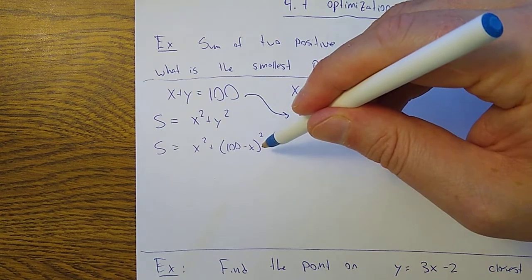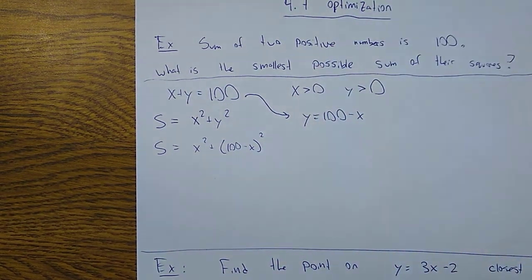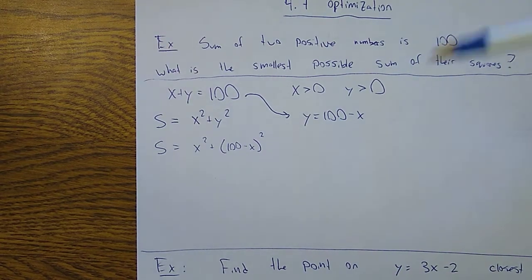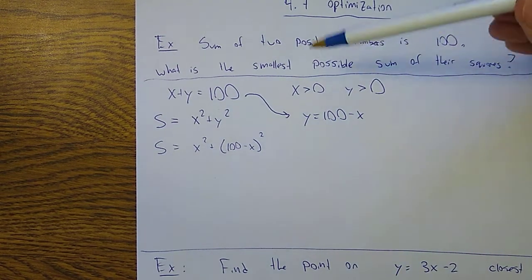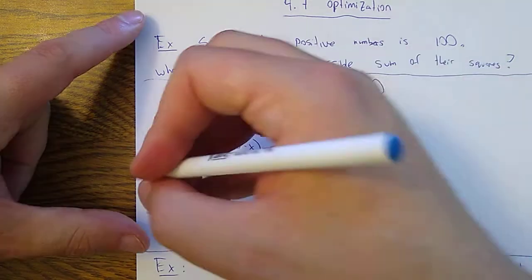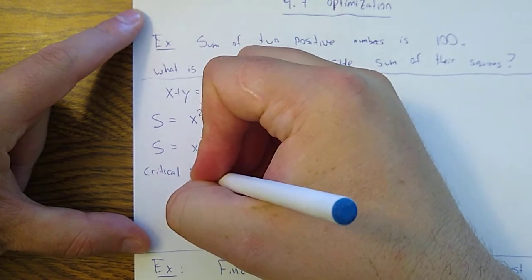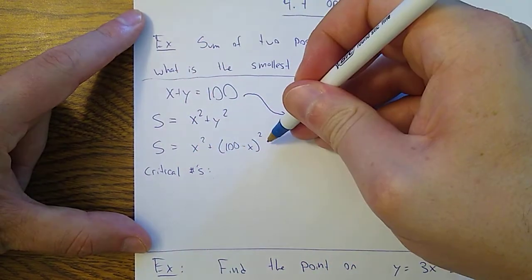Now that this is in terms of one variable, I'm going to minimize it, because in this case it's the smallest. How does this go? You find the critical numbers. The critical numbers would be where the derivative is 0.